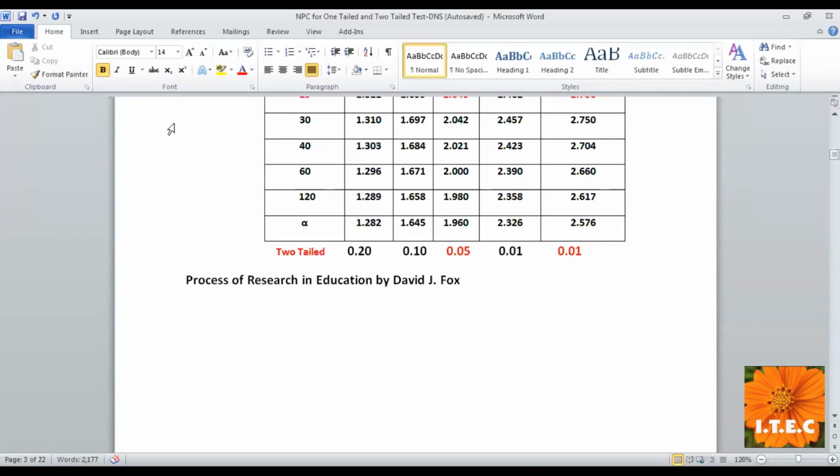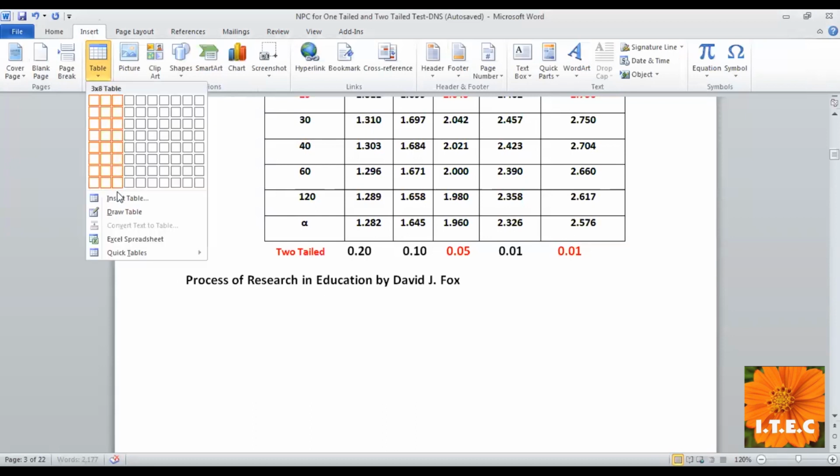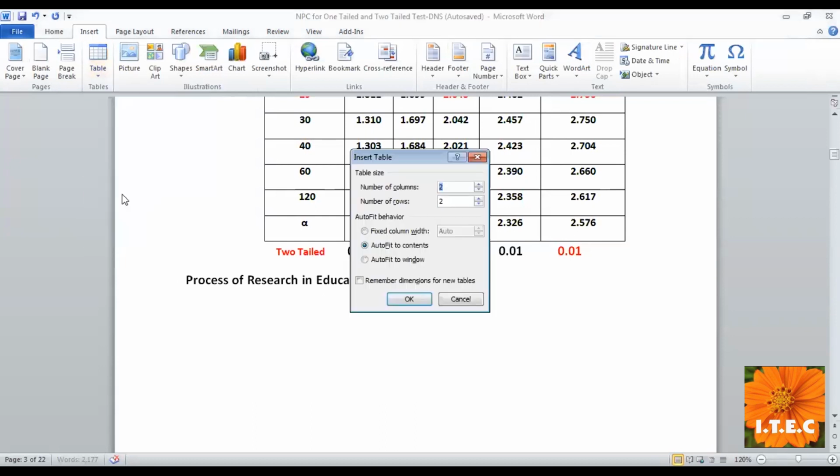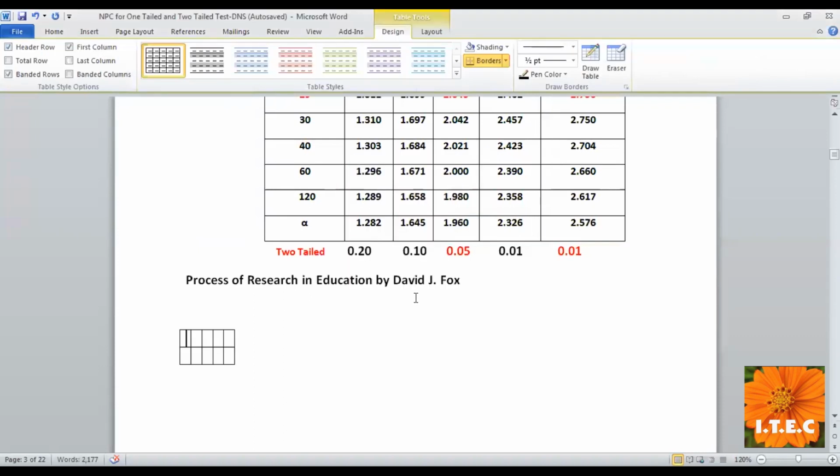Here what you have to do is make a table. I insert the table. Now here I say, researcher's decision.